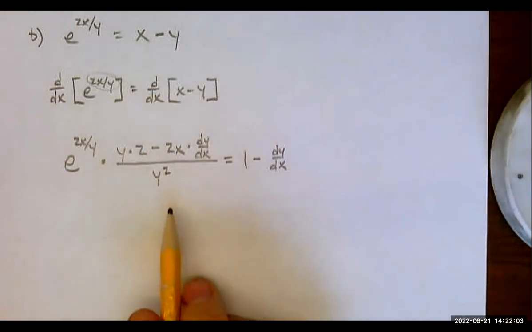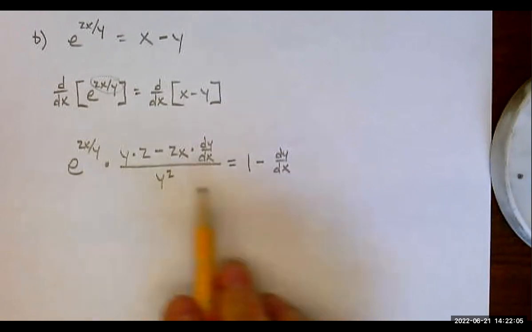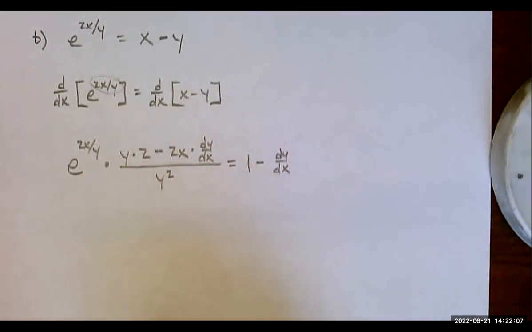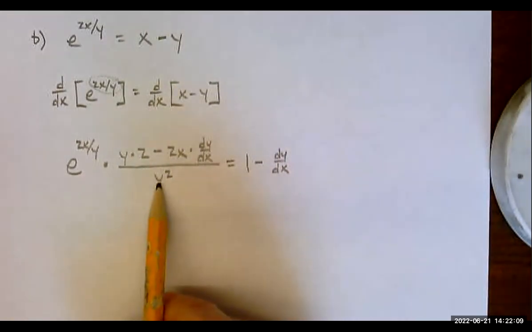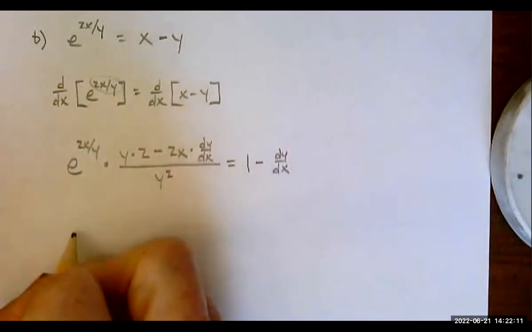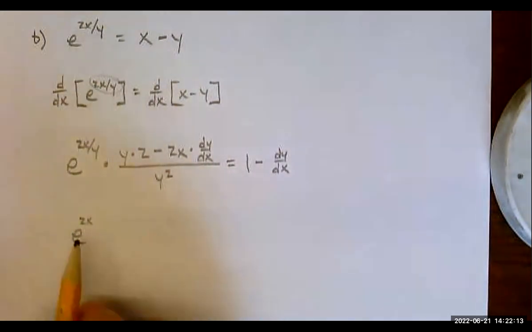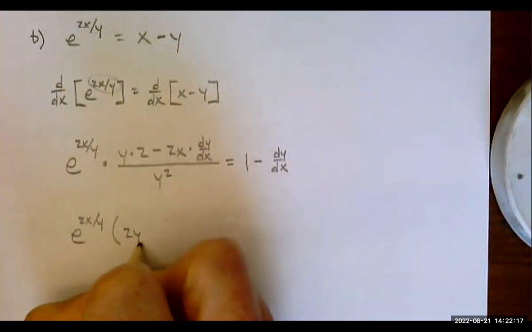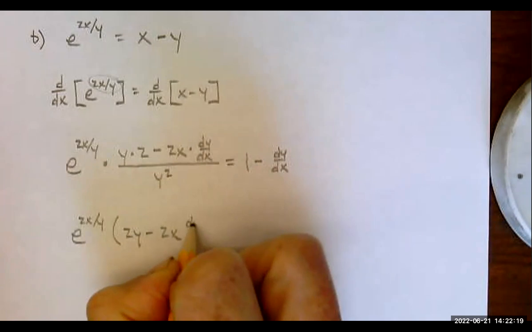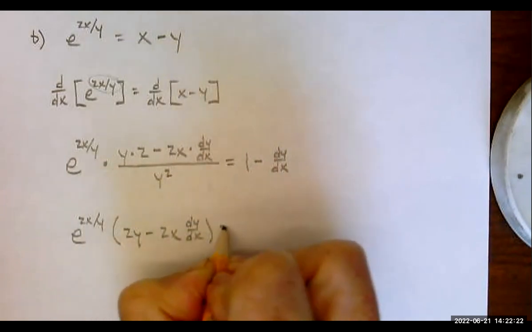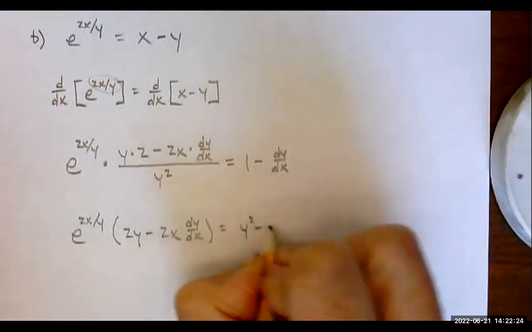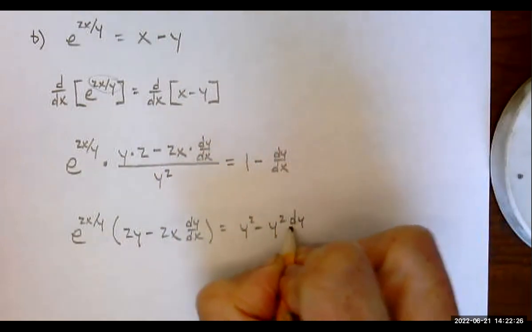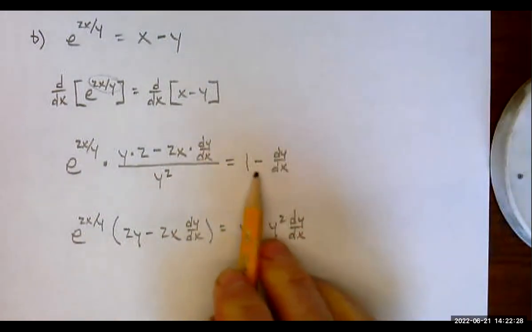We've got this denominator. Let's do this. I'm going to multiply both sides by y squared, just to get rid of it. So I'll have e to the 2x over y times 2y minus 2x dy over dx equals y squared minus y squared dy over dx. I'll just distribute that y squared on the right.